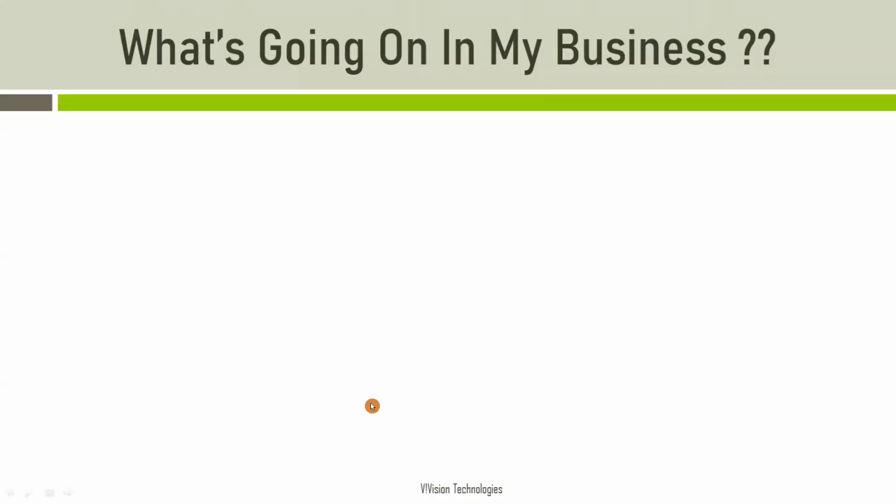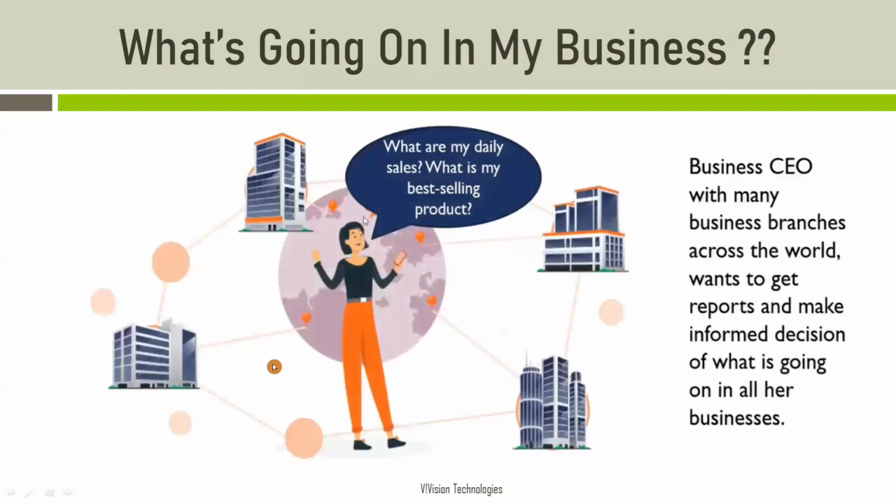But first of all, the CEO wants to know what's going on in the business. So the V-Mart CEO, she wants to know what my daily sales are, what my best selling product is, where I need to provide discounts.